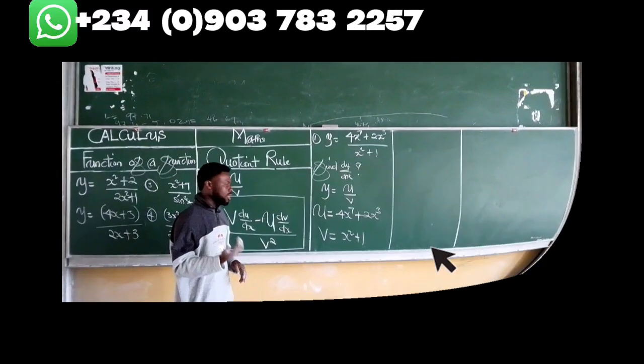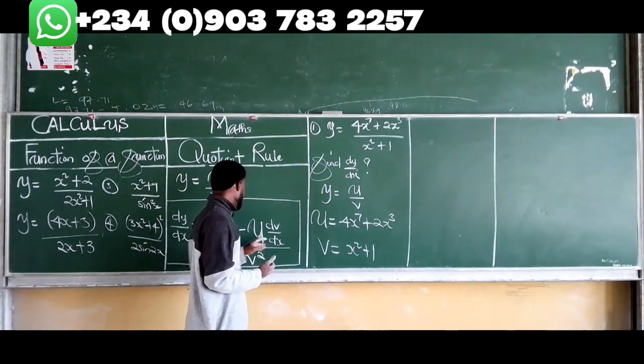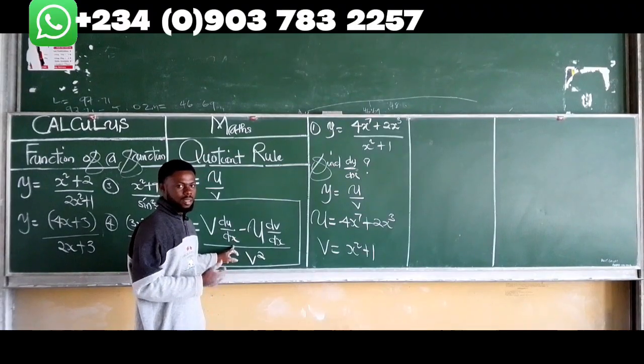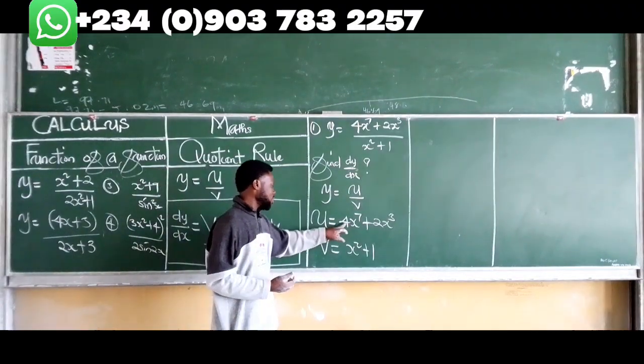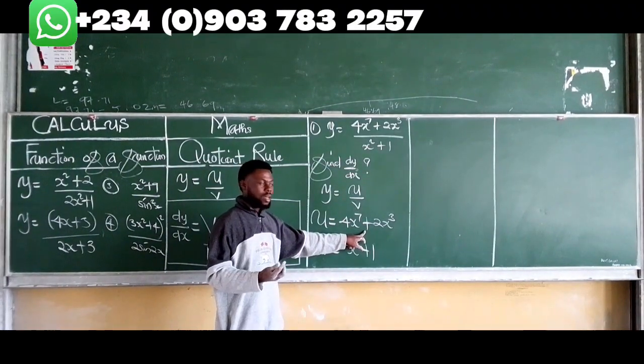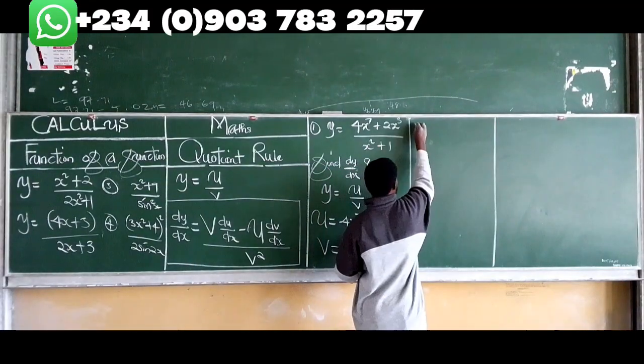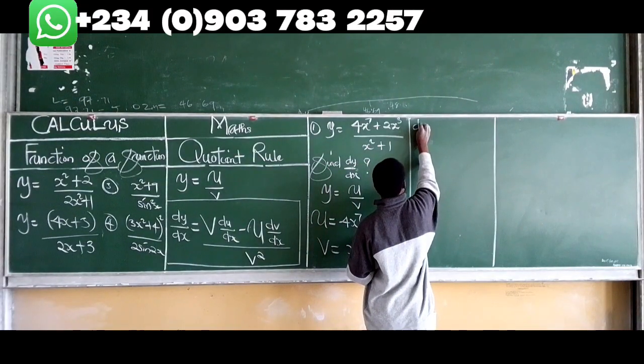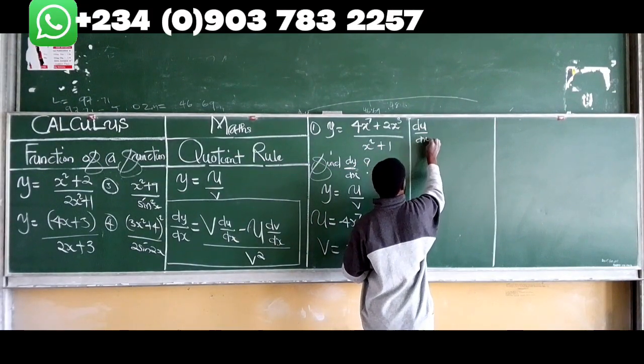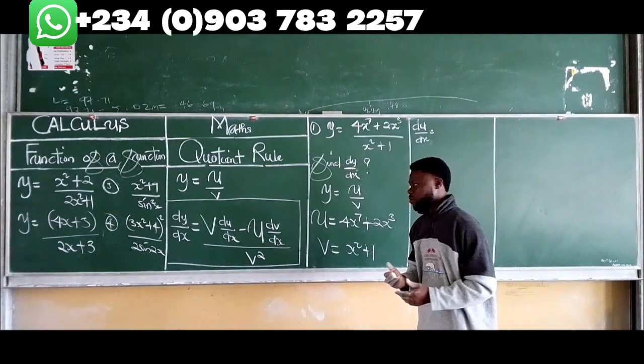So I'm going to consider an equation that has only u and x in them, u and x alone. So that means du over dx will equal to, now let us recall the formula for derivation.